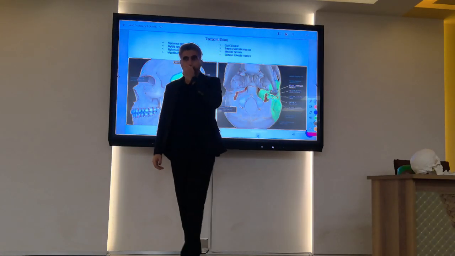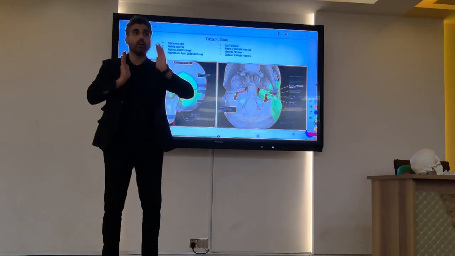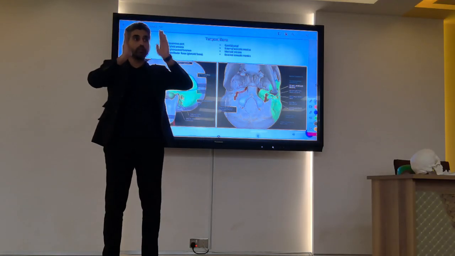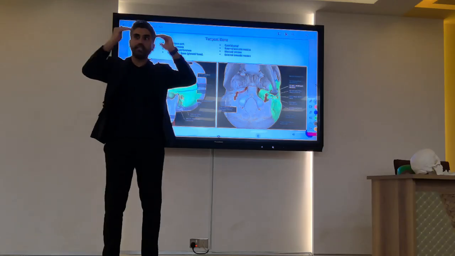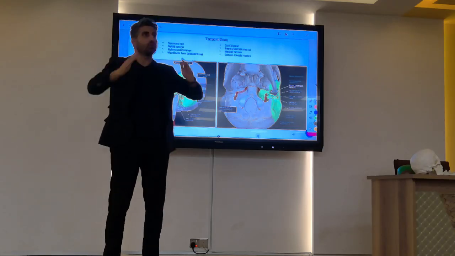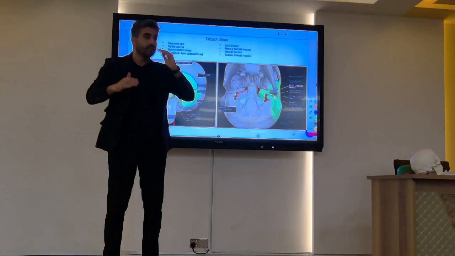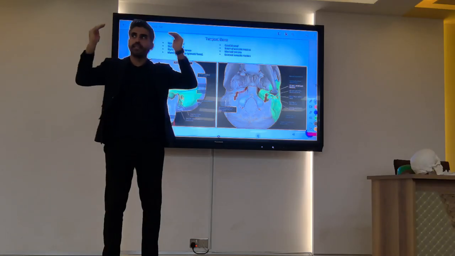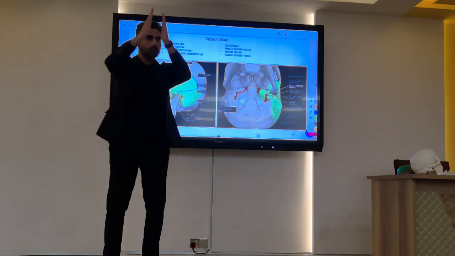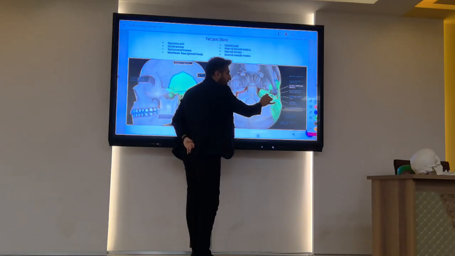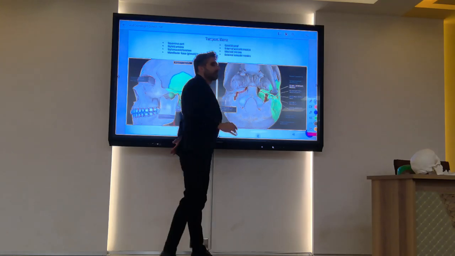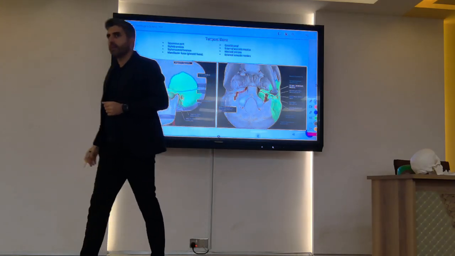What is the point? The point is, when this artery goes to the petrous part, it doesn't go directly to the skull. A little turning in the petrous part, then it goes to the skull. Look at the picture. It goes to the petrous part, moves a little transversally in the petrous part, then goes to the inside of the skull.